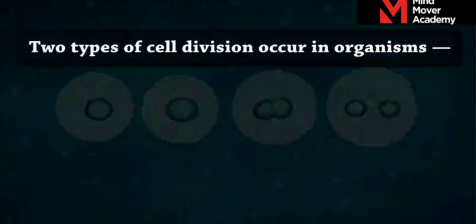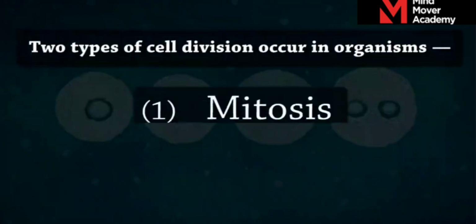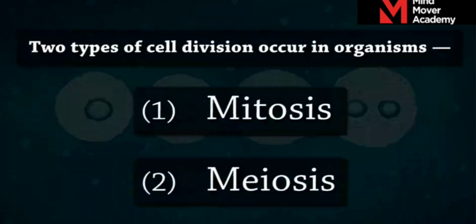Types of cell division. Two types of cell division occur in organisms: mitosis and meiosis.